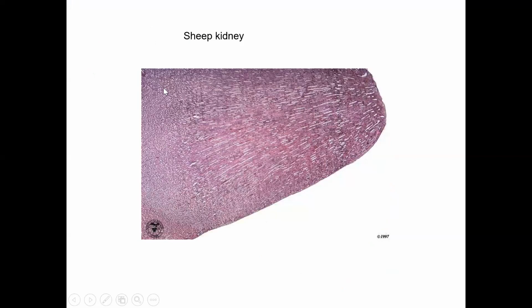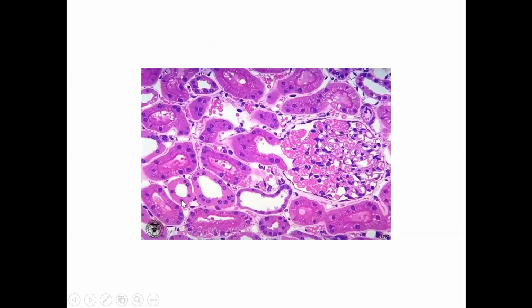Here you don't see that, that is the cortex. The cortex has the renal corpuscles and a lot of convoluted tubules. This one shows Bowman's capsule with glomerulus.